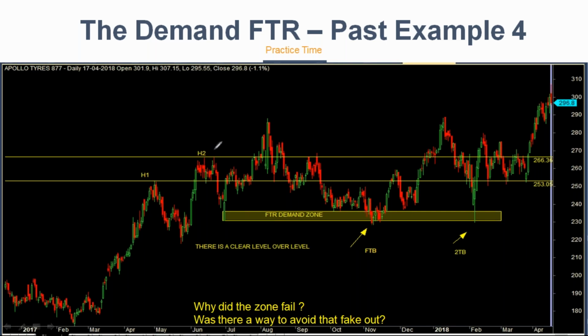I told you that the moment H2 is broken, from whichever candle it is broken, you need to go back from that candle to the bottom of the origin. The bottom of the origin is this, not this base. So I came here.